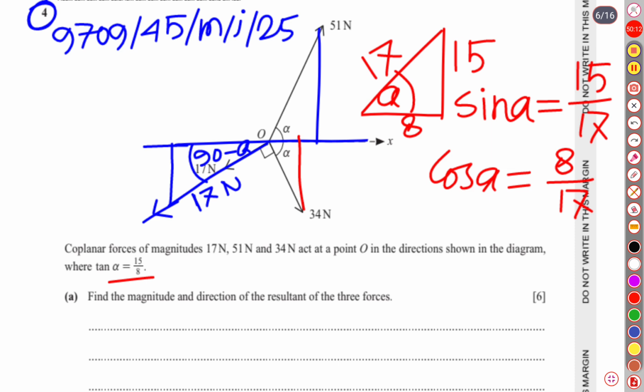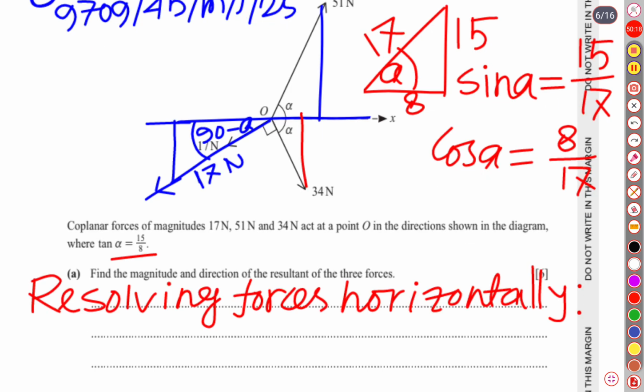Now we are going to resolve the forces horizontally. If we resolve the forces horizontally, the resultant force in x direction equals, let us write. Now look at this. The positive side of x direction is the first triangle, the upper triangle, 51 cos alpha. Then the second triangle just below that is also in the positive direction of x from O, so that is also positive, which is 34 cos alpha.